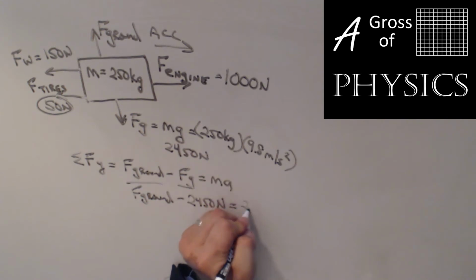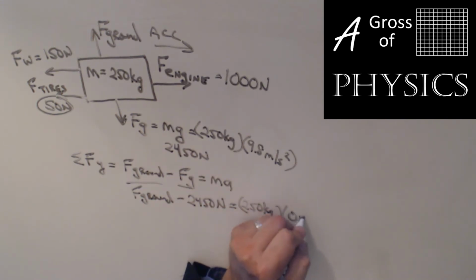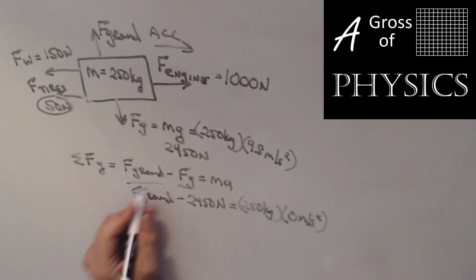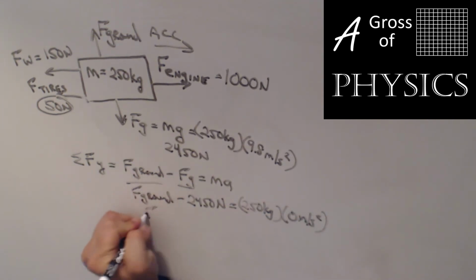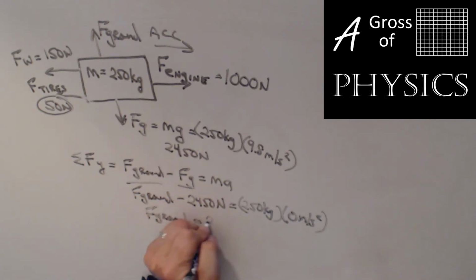Well, it happens to be 250 kilograms times 0. So the ground is going to equal 2450 newtons.